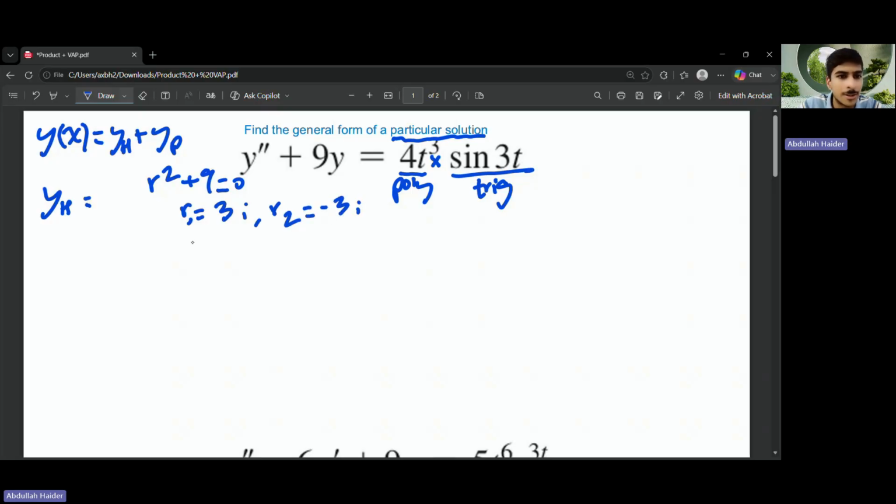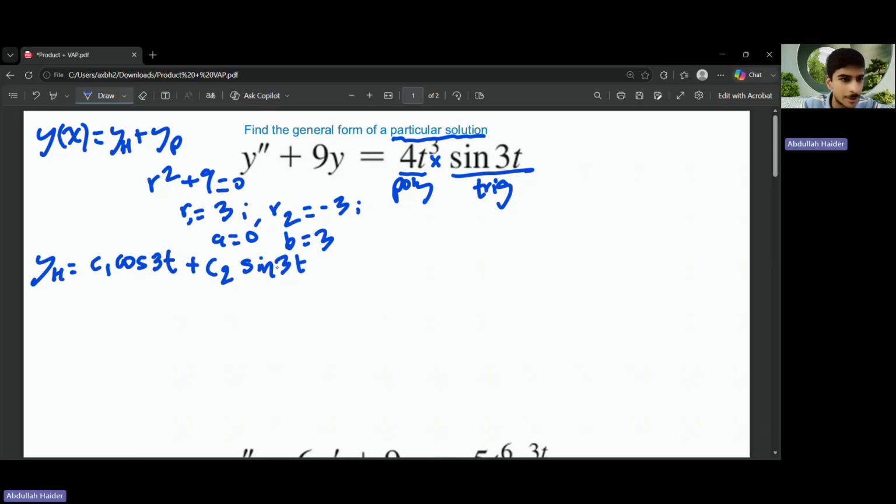Complex roots, you have a is 0, b is equal to 3, a is 0 because there's no real part, b because the coefficient of i is positive 3. So we'll have our homogeneous solution in this case C1 cosine, and by the way, since we have a t, we'll use t this time, not x, 3t plus C2 sine 3t. This is the homogeneous solution.